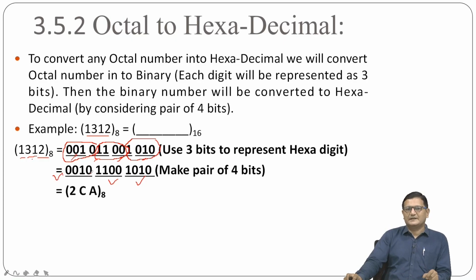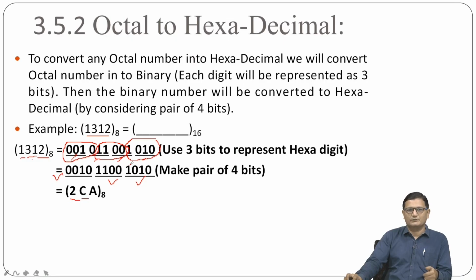Now, what will this represent? 1 is not there, but 2 is there, 4 is not there, 8 is not there. So, it is 2, okay. Now, 1 is not there, 2 is not there, 4 and 8 are there, 8 plus 4 makes 12. How can we represent 12 in hexa? By writing C. Now, here 1 is not there, 2 is there, 4 is not there, 8 is there, right.